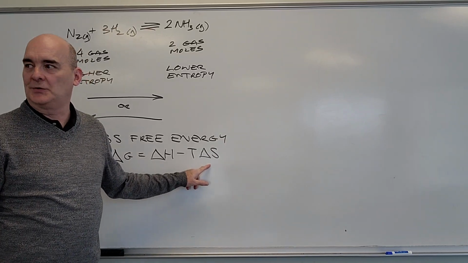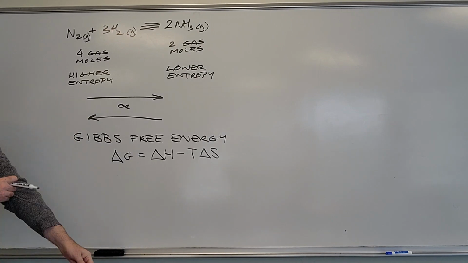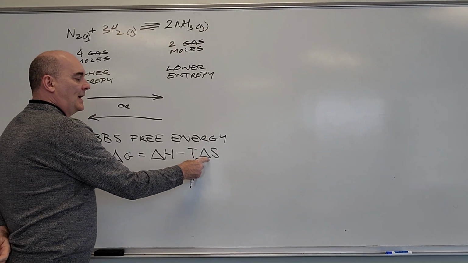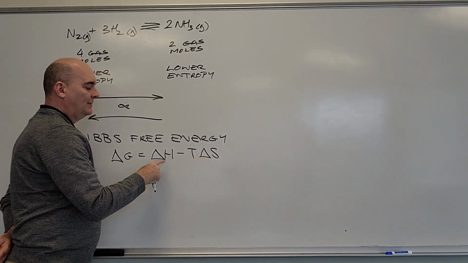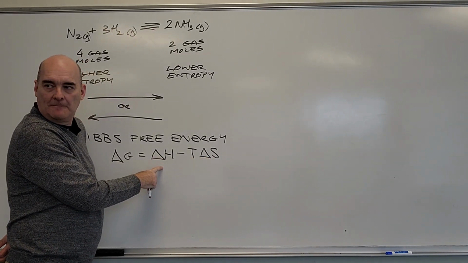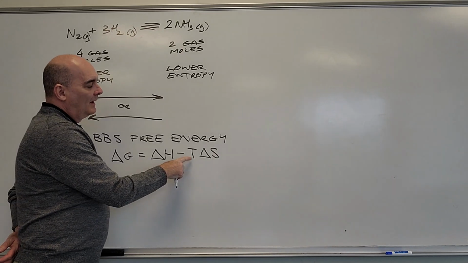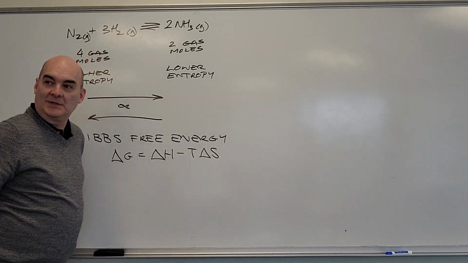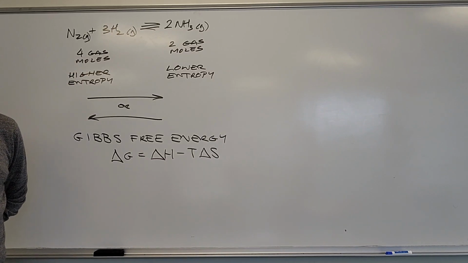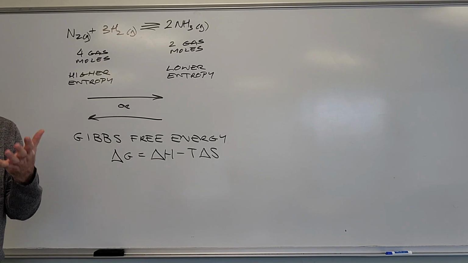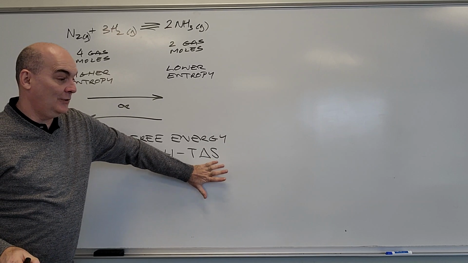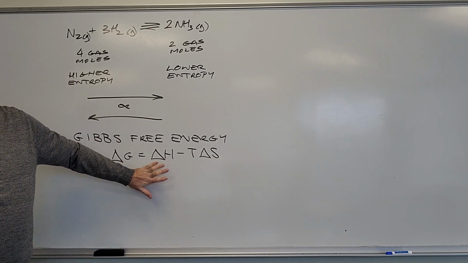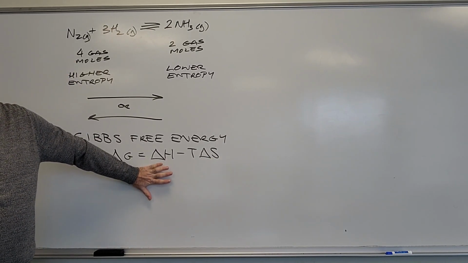Entropies are usually in joules, maybe hundreds of joules. So this number is probably hundreds of times smaller than that number. But the temperature, because it's in Kelvin, is a value that's in the hundreds. And so now we get this toss-up of does this value overrule that value?